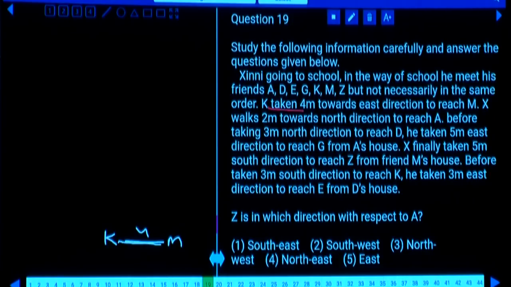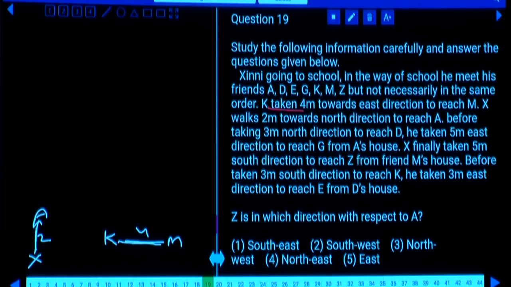X walks 2 meters north to reach A. X should move 2 meters north to reach A. That means A is 2 meters to the north of X.